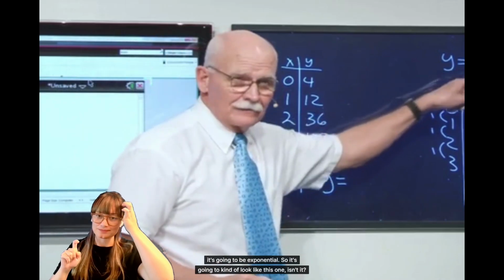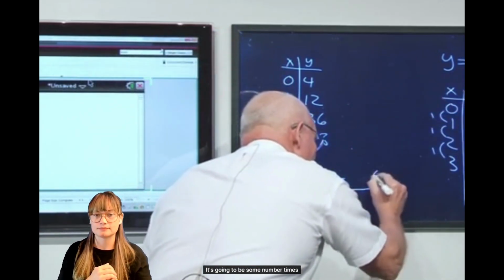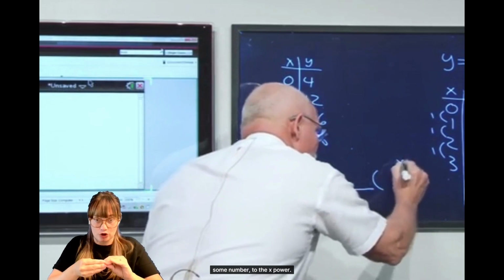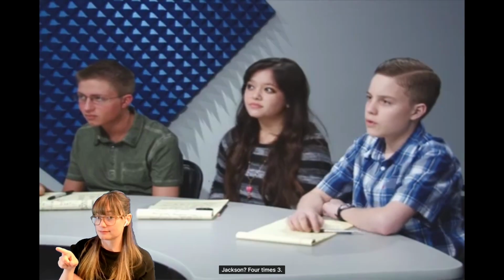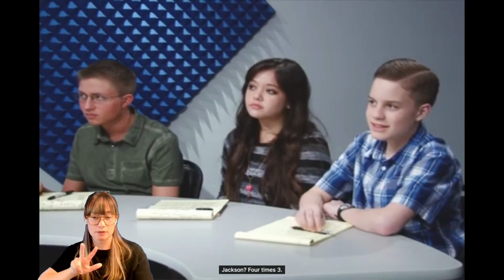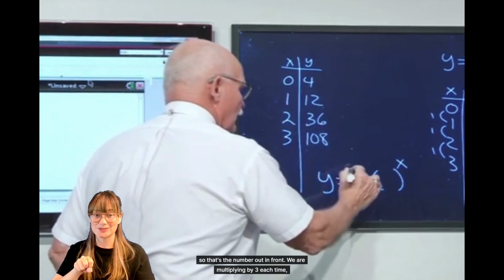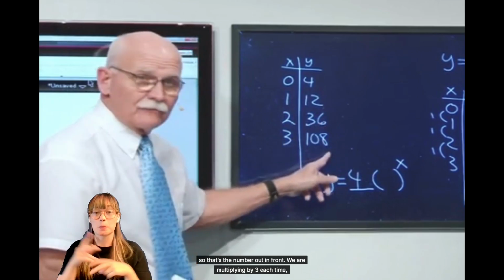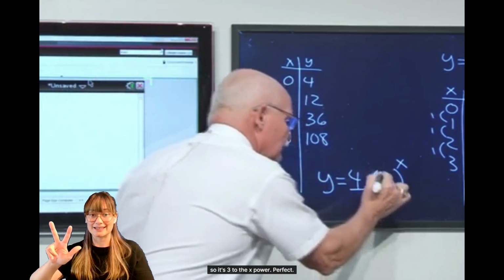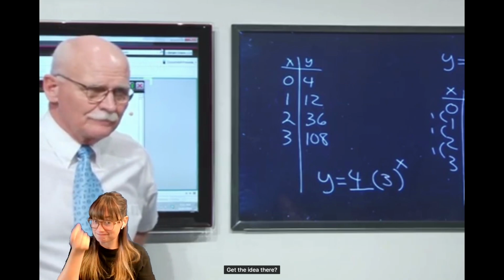So it's going to kind of look like this one, isn't it? It's going to be some number times some number to the x power. Jackson. 4 times 3. Yes. The y-intercept is 4, so that's the number out in front. We are multiplying by 3 each time, so it's 3 to the x power. Perfect. Get the idea there?